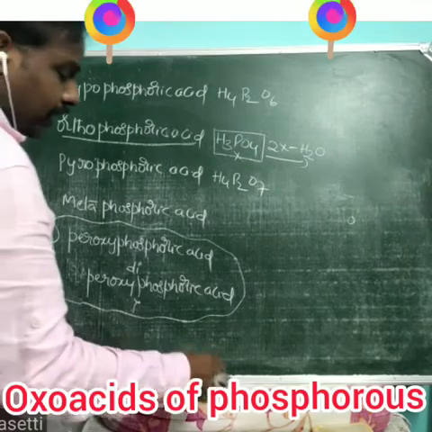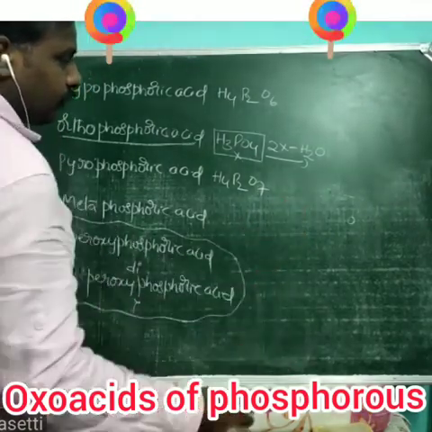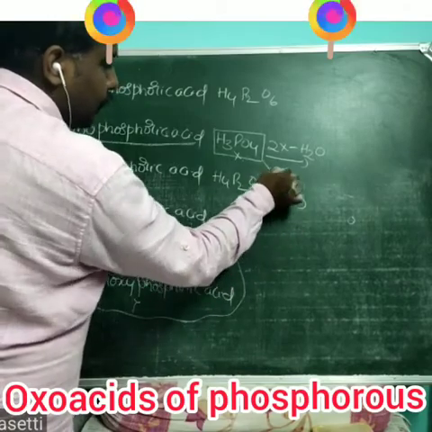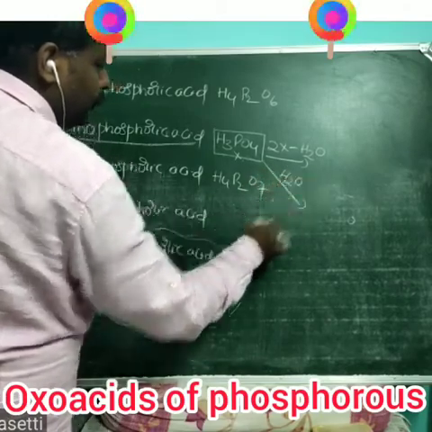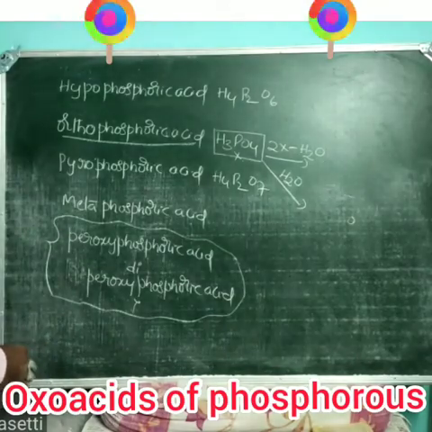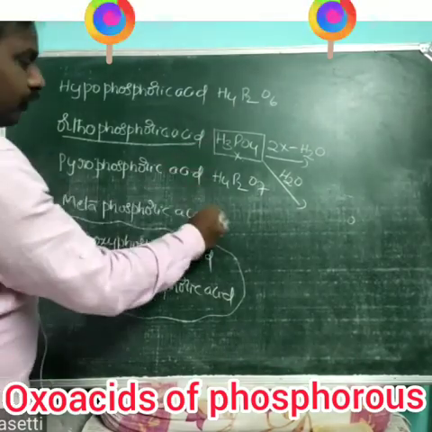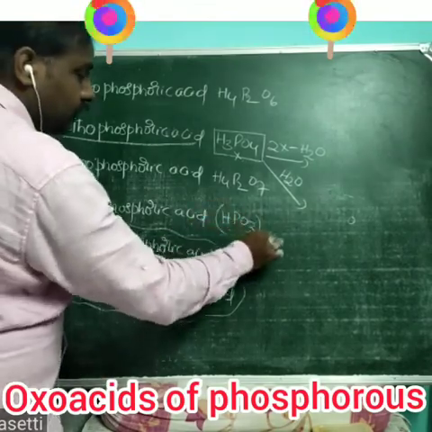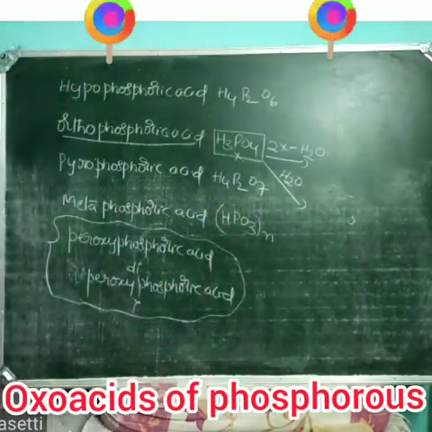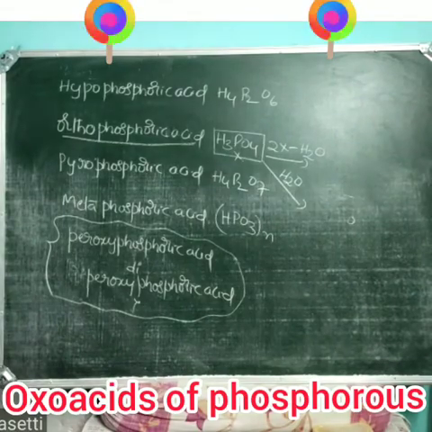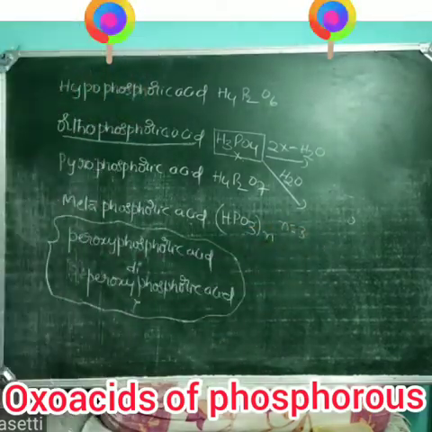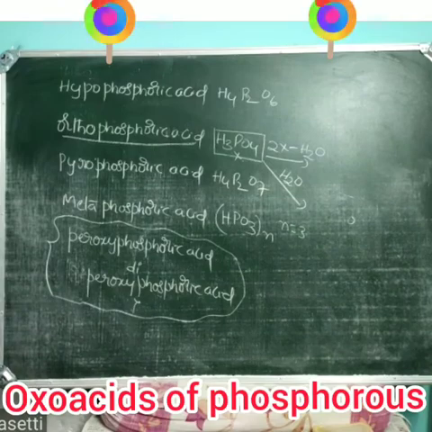And how do we get metaphosphoric acid? Metaphosphoric acid is obtained directly, you remove a water molecule. If you remove a water molecule directly, then we will get HPO3. Of course, it exists in polymeric form. Generally, n is equal to 3. Cyclic structure, trimer.